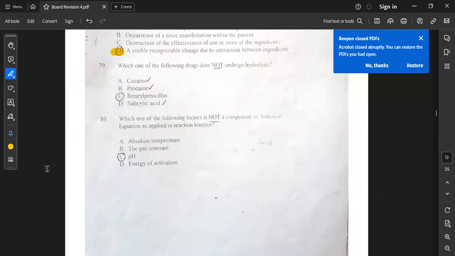Bansri is saying that the answer should be D, because salicylic acid is a product of hydrolysis. Anyone with a different view?